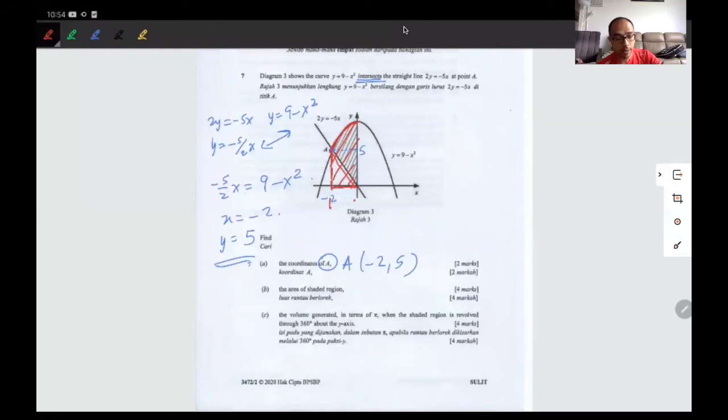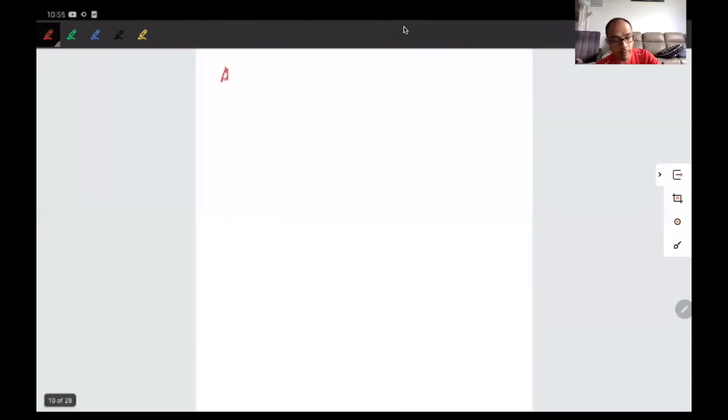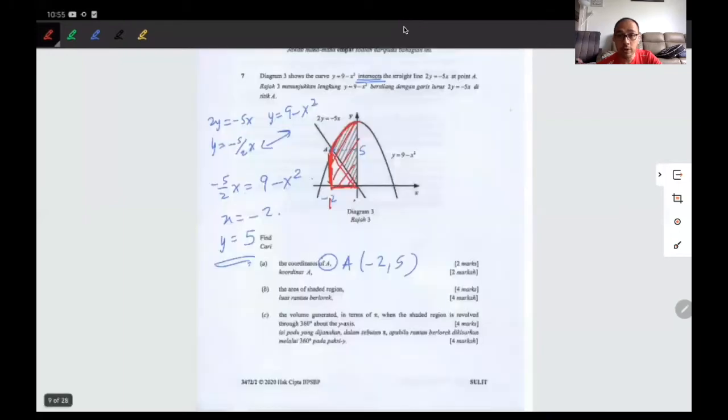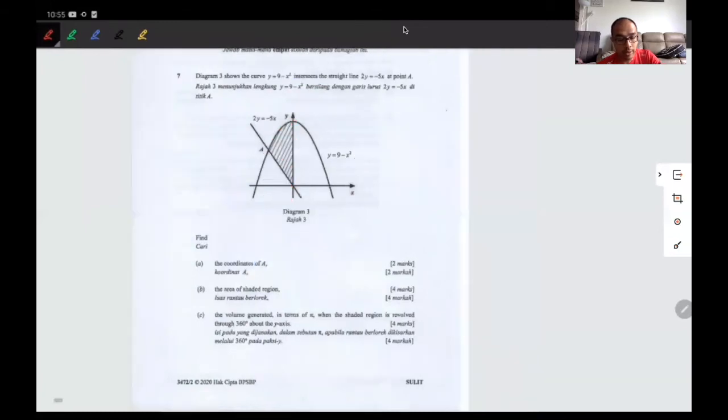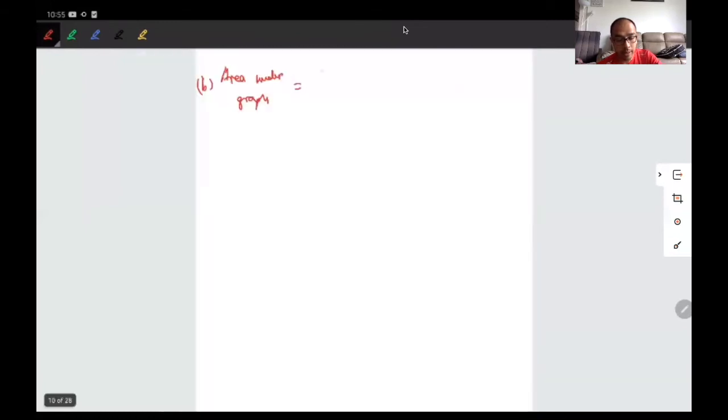So, area under graph. Area under graph is this whole red thing. So we use this equation: area under graph is the integration of 9 minus x squared dx from negative 2 to 0.